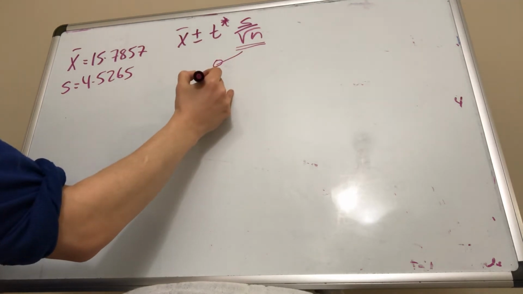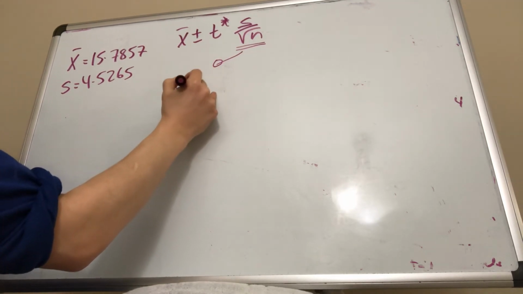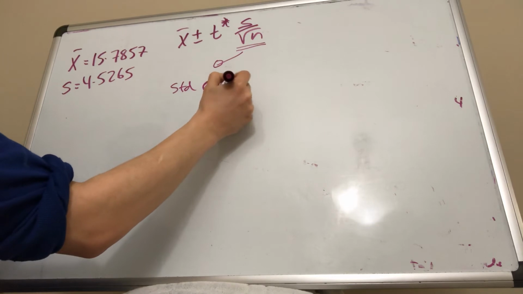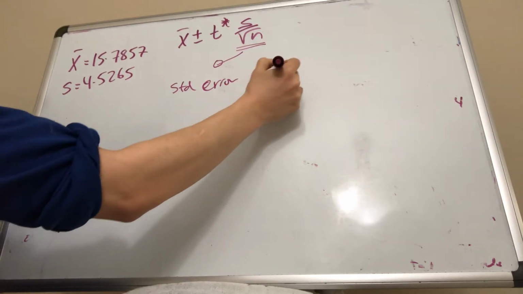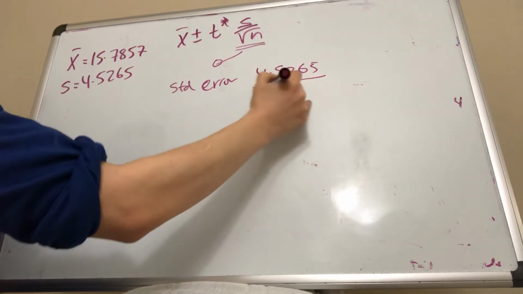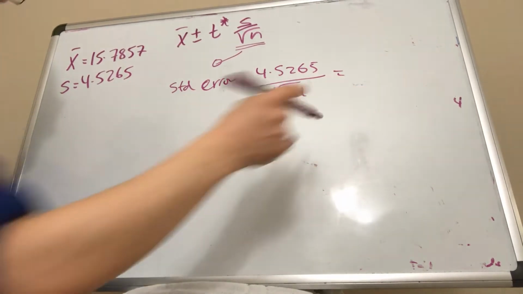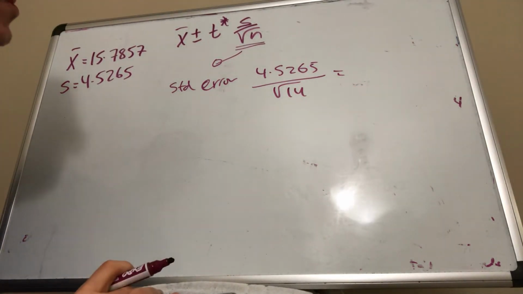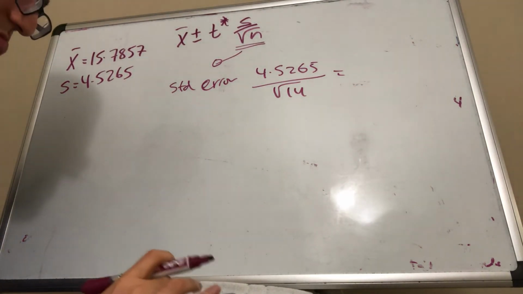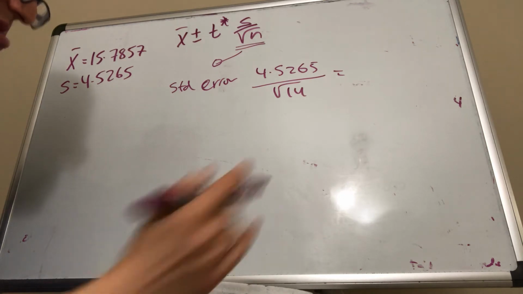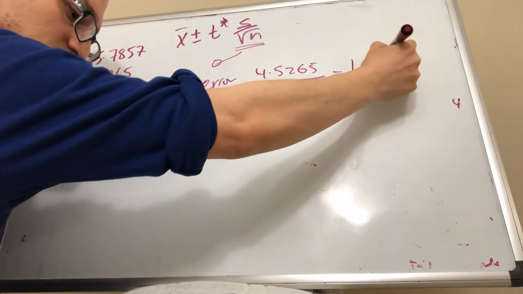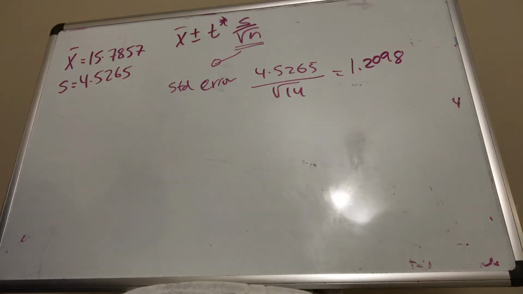So you only take the s, and you divide it by the square root of 14. So when you take this 4.526 over the square root of 14, it gives you 1.2098.